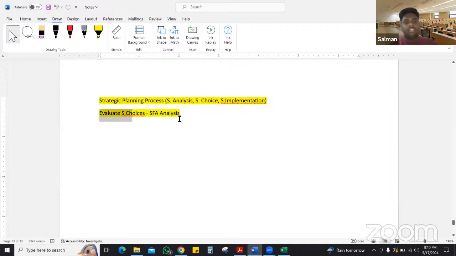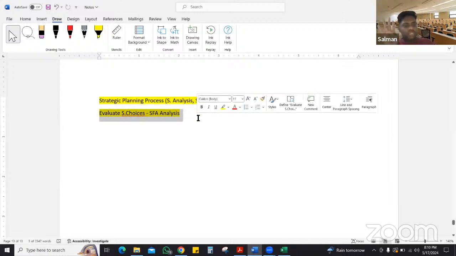Always look at SFA. Suitability, feasibility, acceptability. One is feasibility. Do we have the resources? Our profits have been declining over the years. Are we capable of establishing an academy? Can we take a bank loan? Can we raise funds to run the academy? Do we have the space to run the academy? That's feasibility.